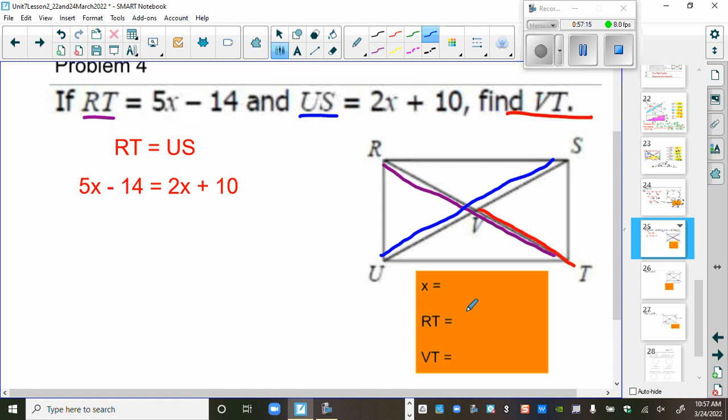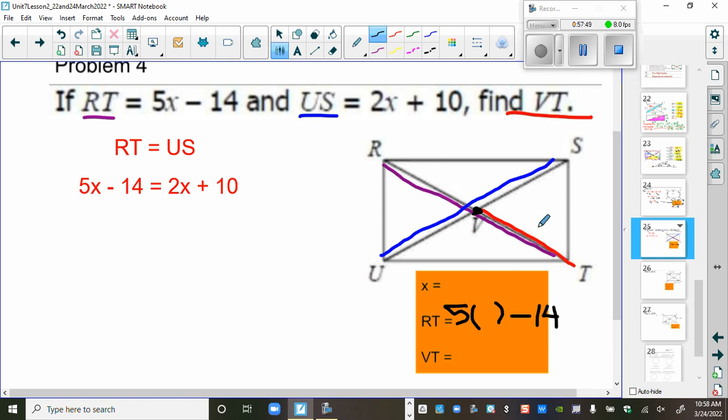You first need RT. It's going to be 5 times whatever you get for the x, minus 14. And then what do we know about the relationship between RT and VT? Well, what do we know about VT? VT is exactly what of our RT? Because remember, VT is at that midpoint.